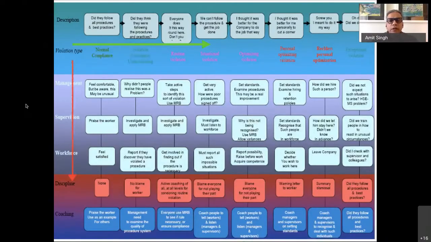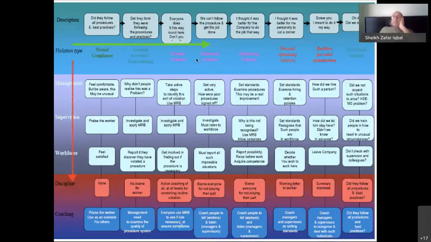So if we take any box, for example, some incident happened. What came out was we can't follow the procedure and get the job done, which means the SOP which is there is not practical. So what is the type of violation? The type of violation is situational violation.